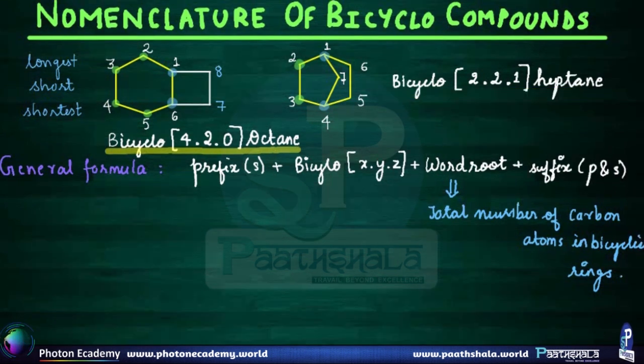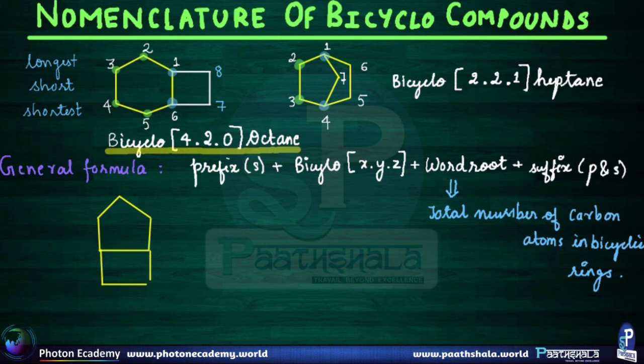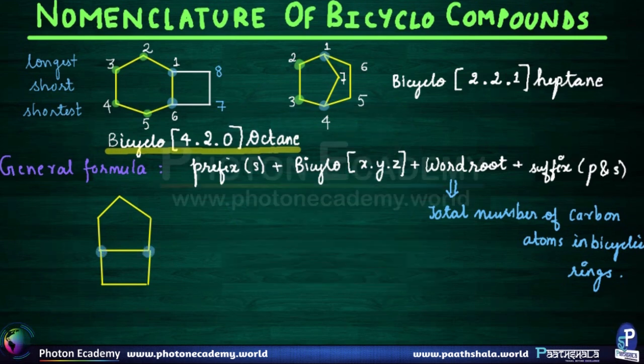Let's solve one more example. In this example, these are our 2 common carbons present in both the rings, and this is the longest path, this is the shorter one, and this is the shortest one.